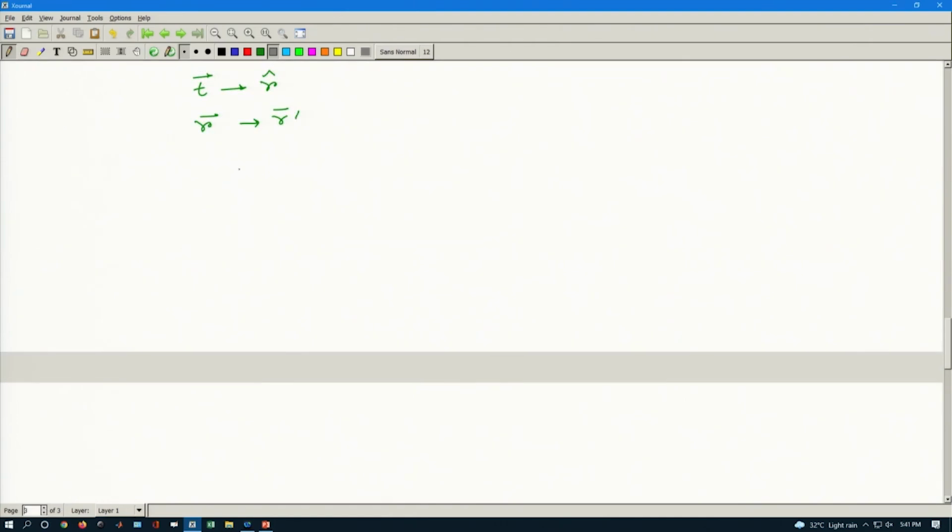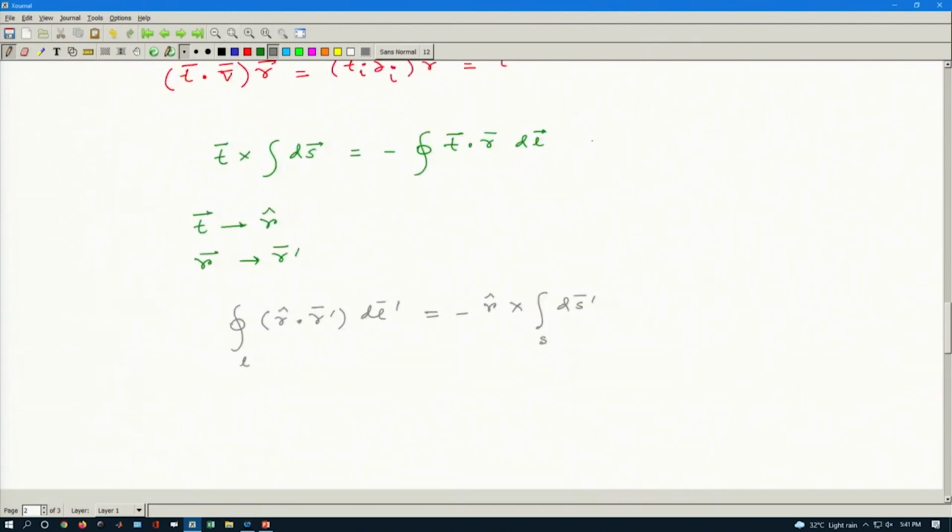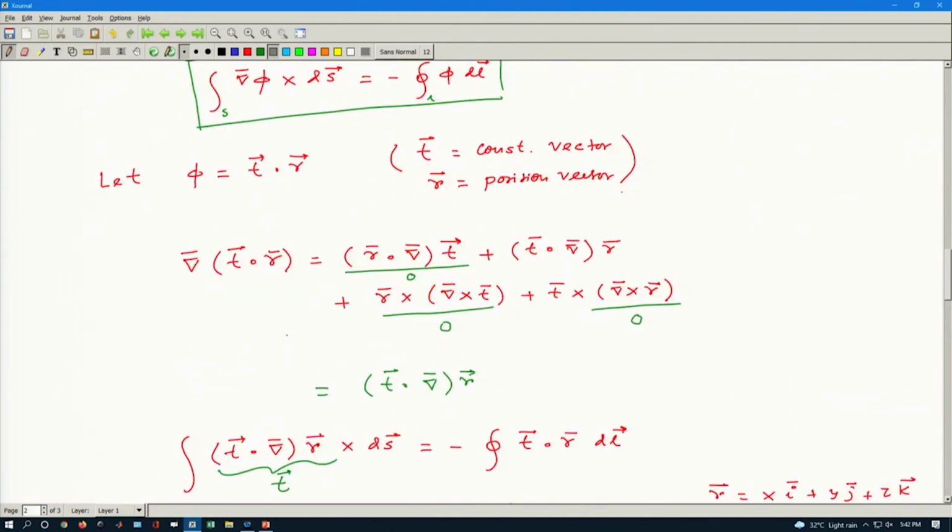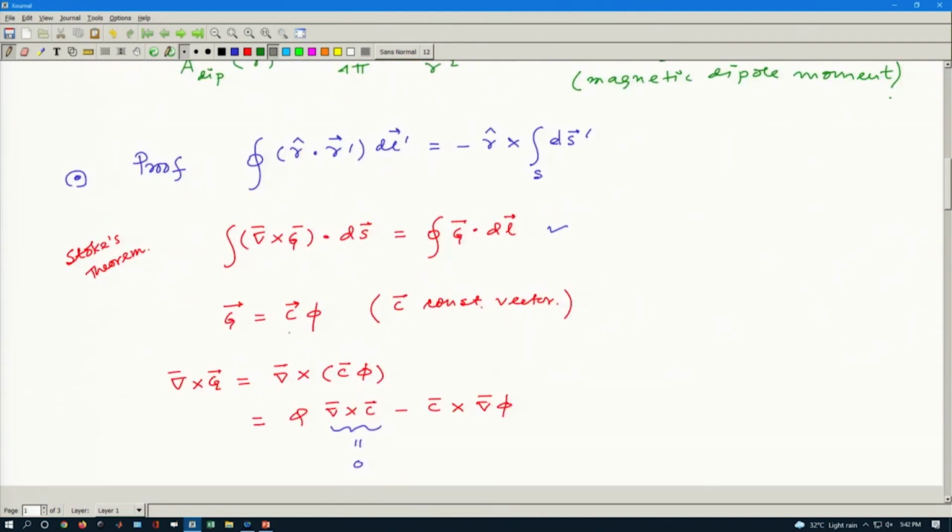Then I simply have closed integral over line, r dot r prime dl prime is equal to minus of r cross integral ds prime or dA prime. This is a surface integral and this is a closed line integral. So, from here I just replace these two vectors, and I finally figure out the desired result that we wanted to prove.